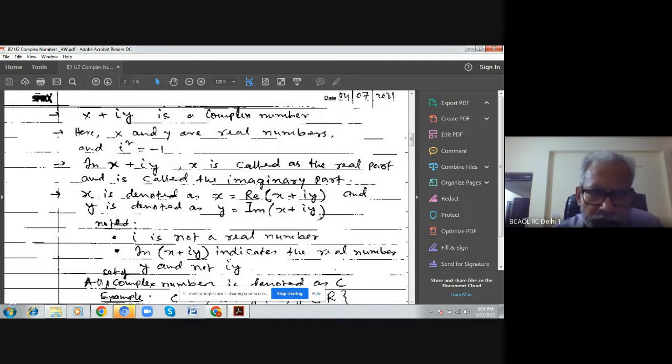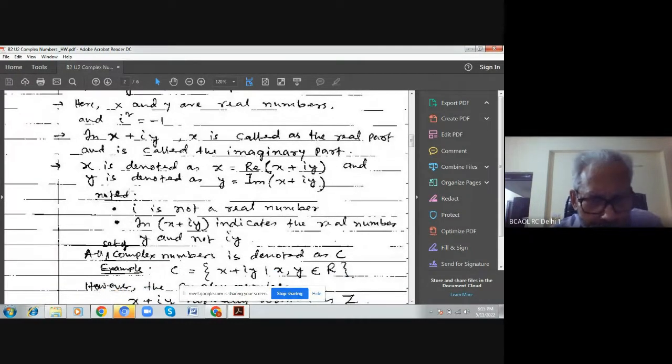So x is denoted as Re, meaning real, small r small e. This is a total complex number; out of that, x is the real part. Again, in this complex number x plus iota y, y is the imaginary part. So that's why it is written this way.